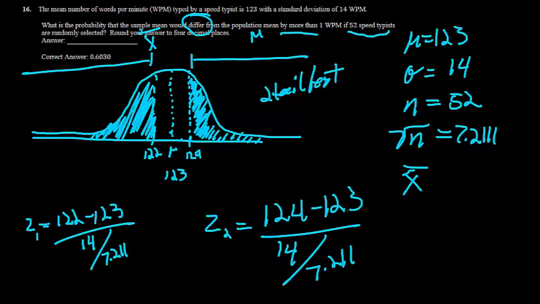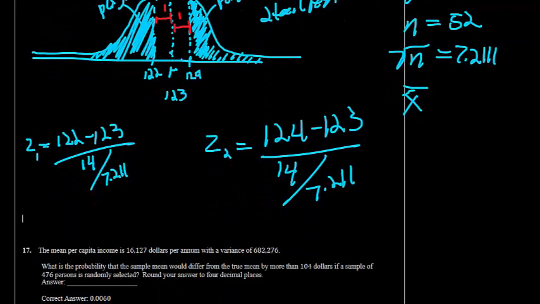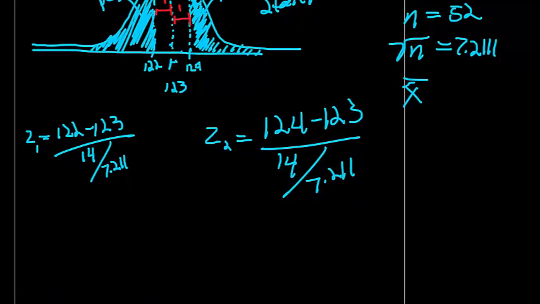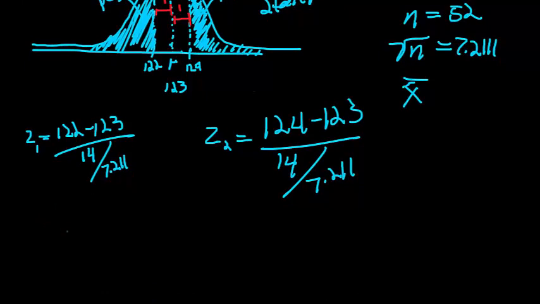But this is a reflective question because we are the exact same distance away, both 1. The probability on the left-hand side is going to be the same as this probability on the right. So we don't really have to calculate it twice. You can, but I am not because it's getting late and I got to go. So I'm just going to calculate this one.